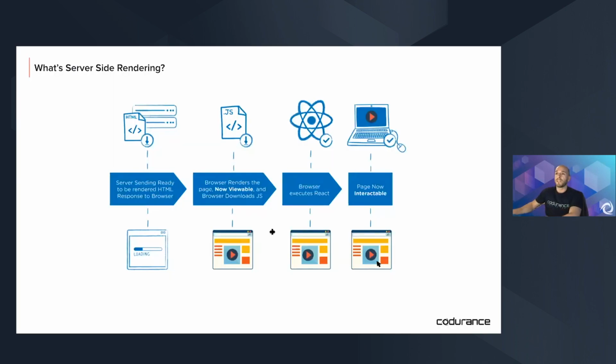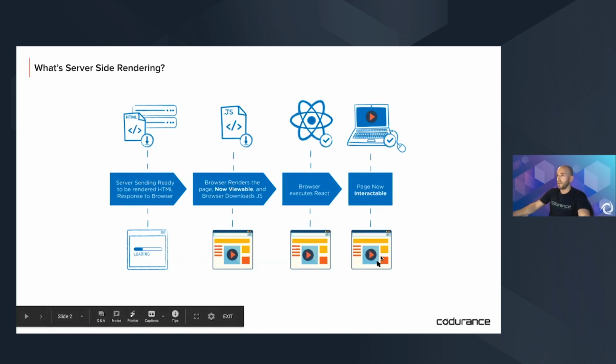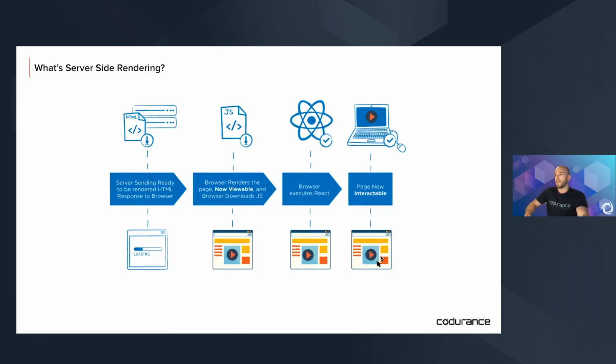So server-side rendering is the classic and conventional way of rendering pages. You will know it if you have been developing for a couple of years. It's when the user does a request through the browser to the server. The server will take all the resources, all the things that are needed, compile it, create an HTML file, and bring it as a response to the client browser.